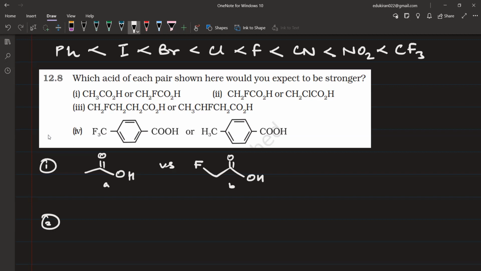दूसरा है आपके पास फ्लोरीन versus chlorine. C में you have 1, 2, 3, 4 carbon atoms.